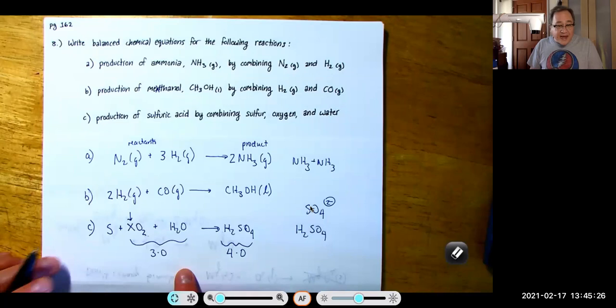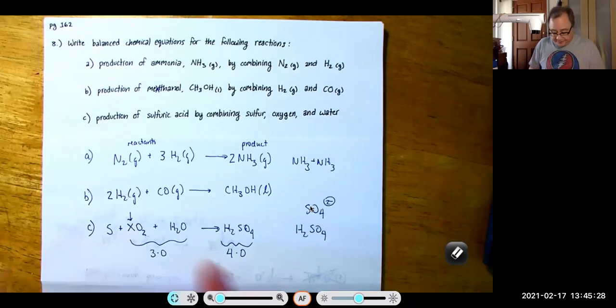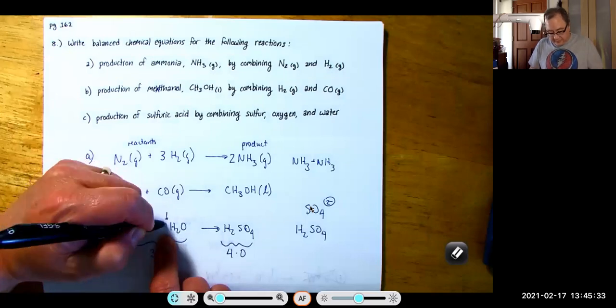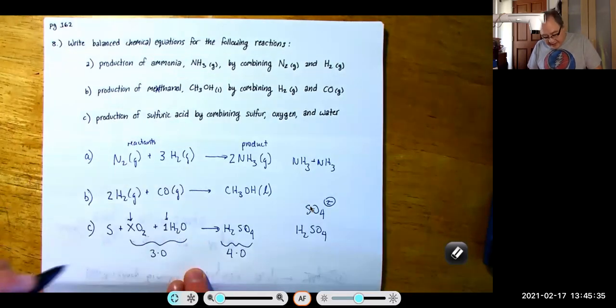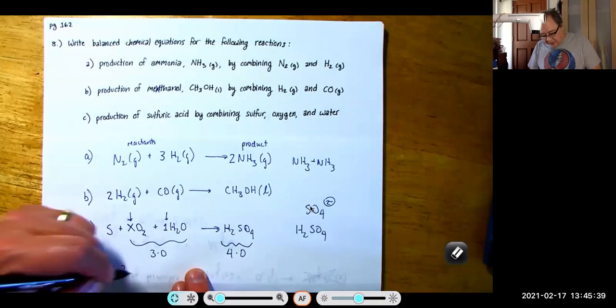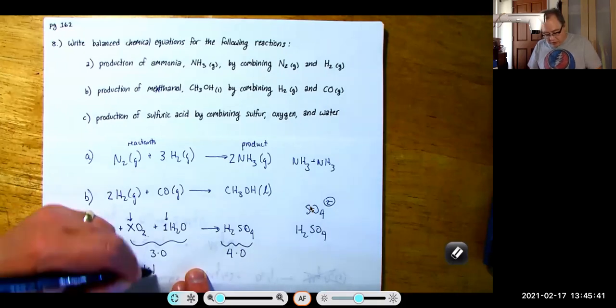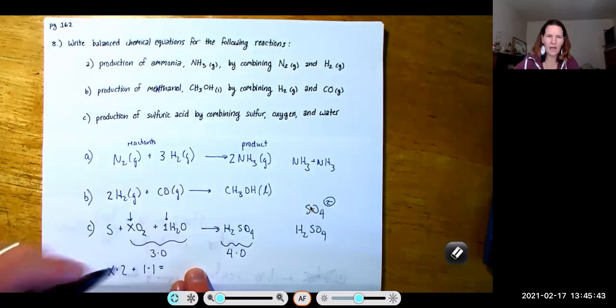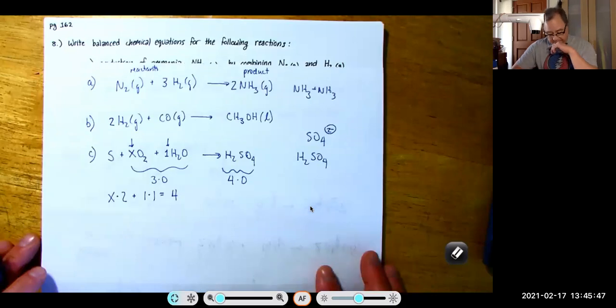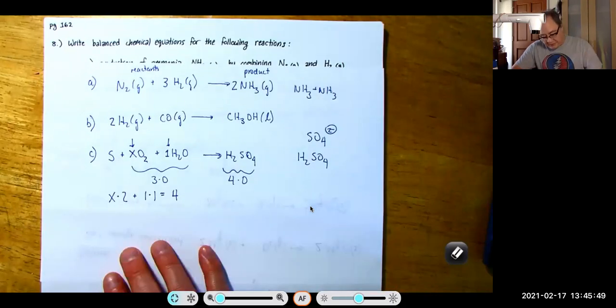If I let that be X, because we don't know what it is, but I want to keep this as a 1, couldn't we say that X times 2 plus 1 times 1 has to equal 4? Right. Okay, if that's the case, what is X equal to? No, you're going too fast.